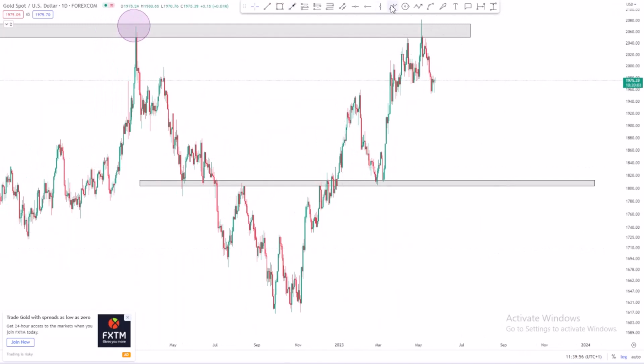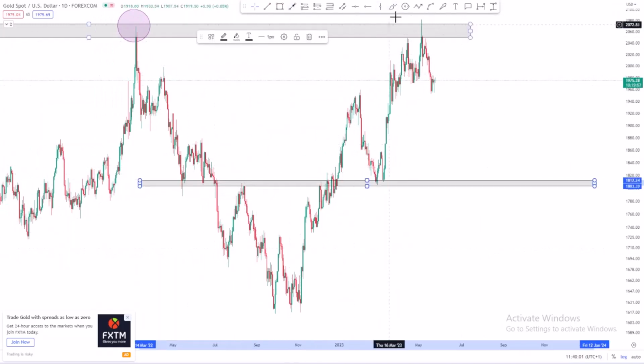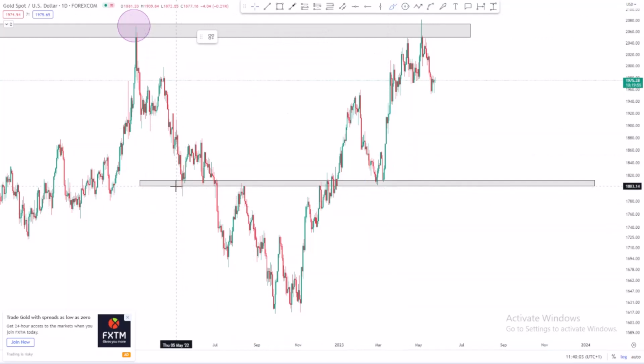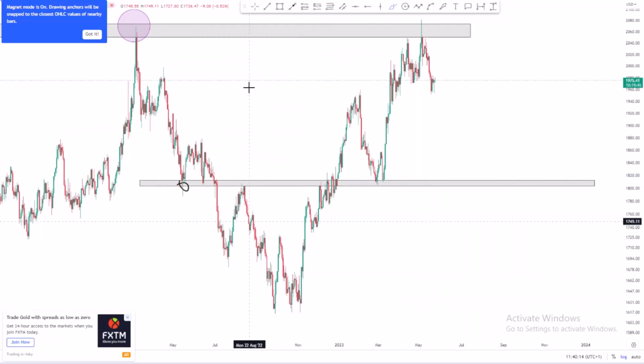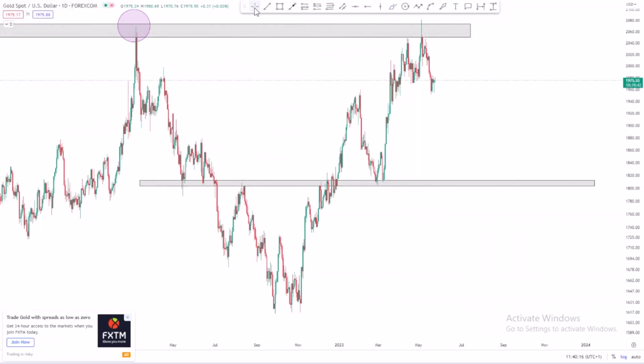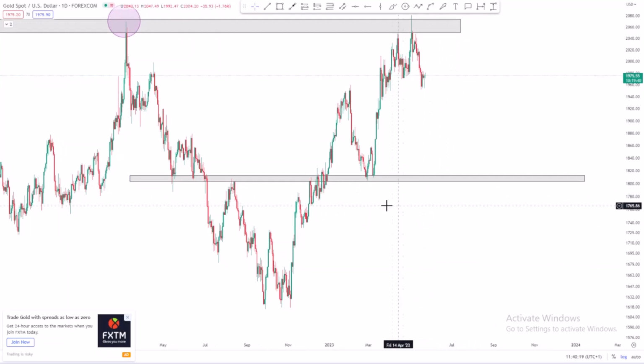We have it respected here, and at this point. You can see a support here, a resistance here, a support at this point. So definitely this level should be watched out for. That is why I'm going to identify this level as a strong level.